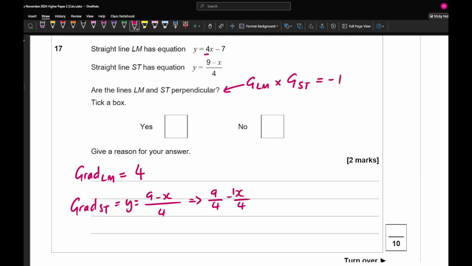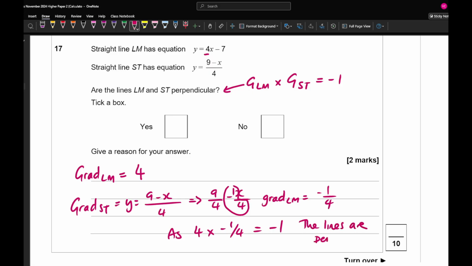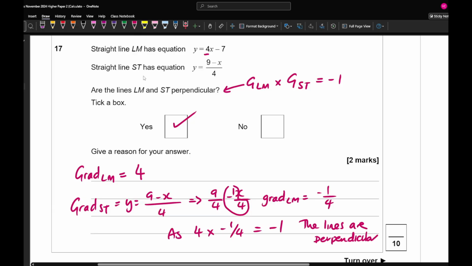Now if I stick a 1 there, then what I recognize is that the gradient of ST is going to be minus a quarter. So as 4 times minus a quarter equals minus 1, then the lines are perpendicular. And so the box I need to tick is going to be yes.